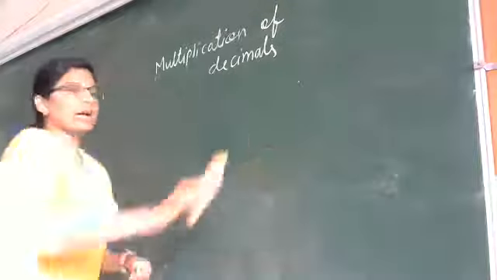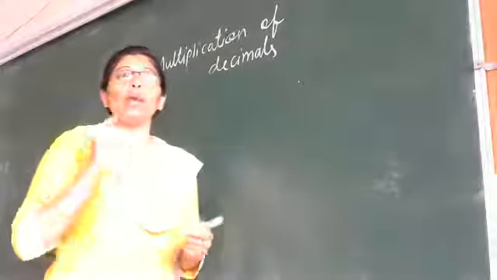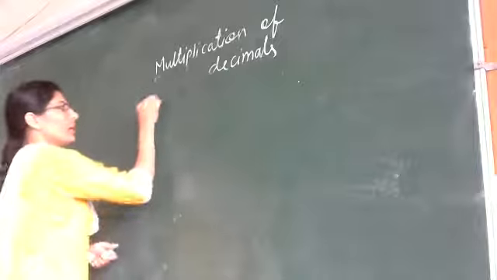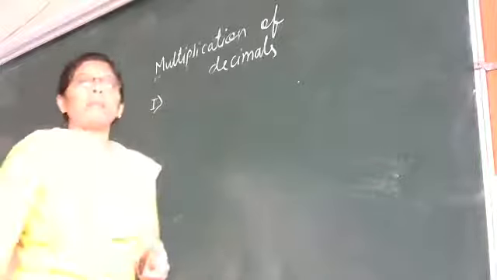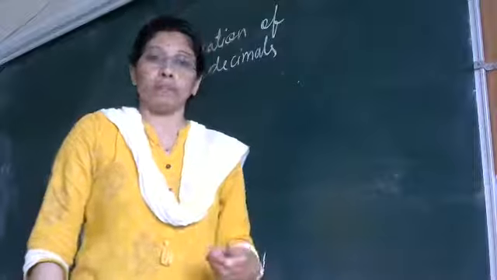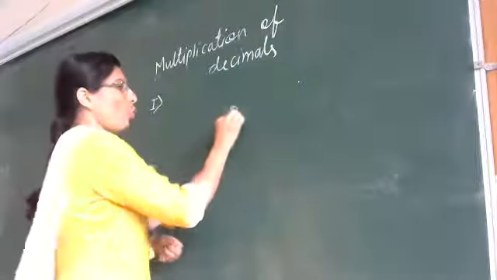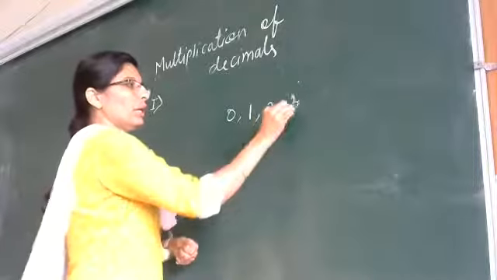Now first we are going to see multiplication of decimals by a whole number. We know whole numbers are 0, 1, 2, 3.